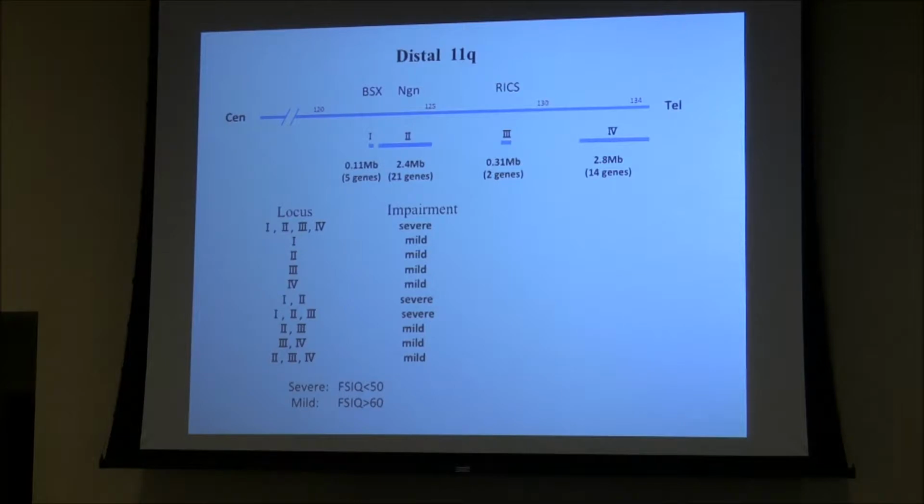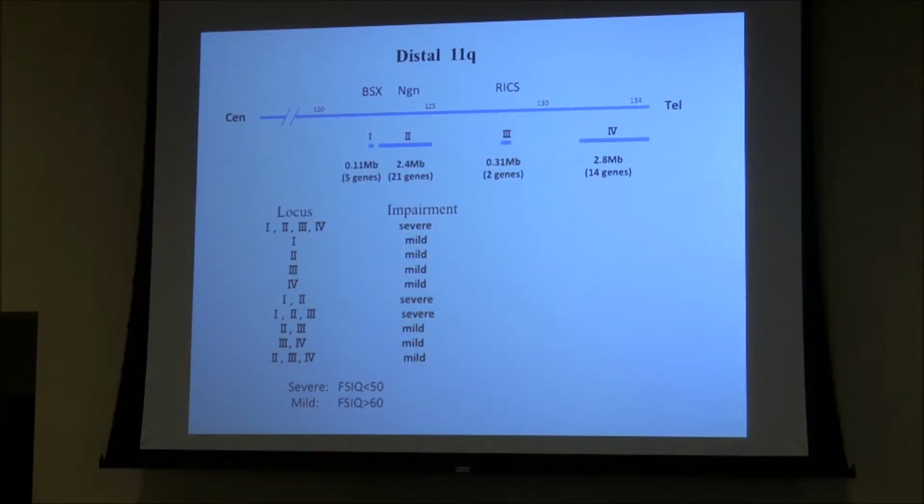Nobody with a deletion size of over 12 megabases has tested to have an IQ of, let's say, 70. And likewise, anybody who does have an IQ of 70 has a deletion size that's probably less than about 10 megabases or so. So that's pretty intuitive, and our studies have, without exception, demonstrated that.